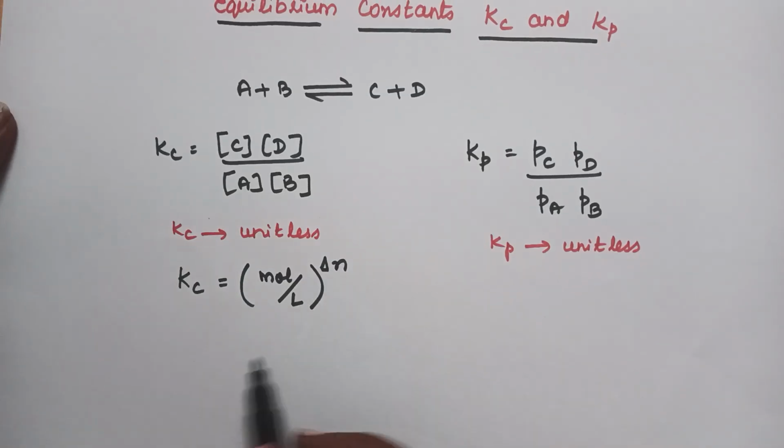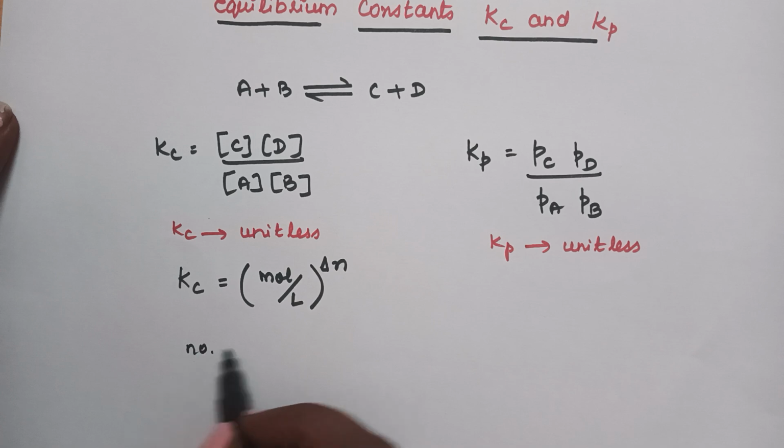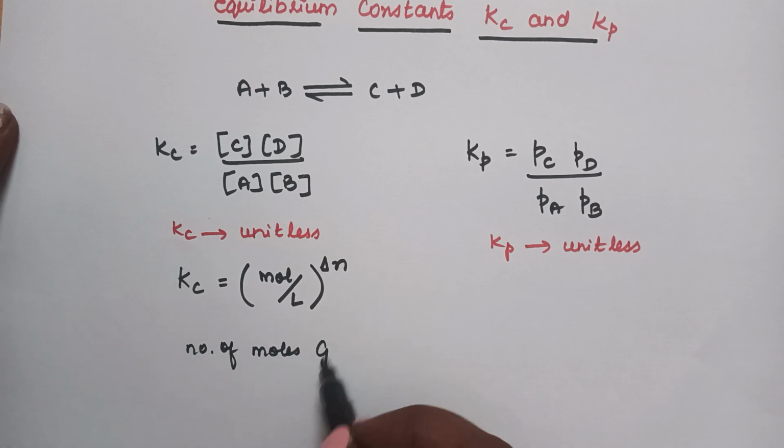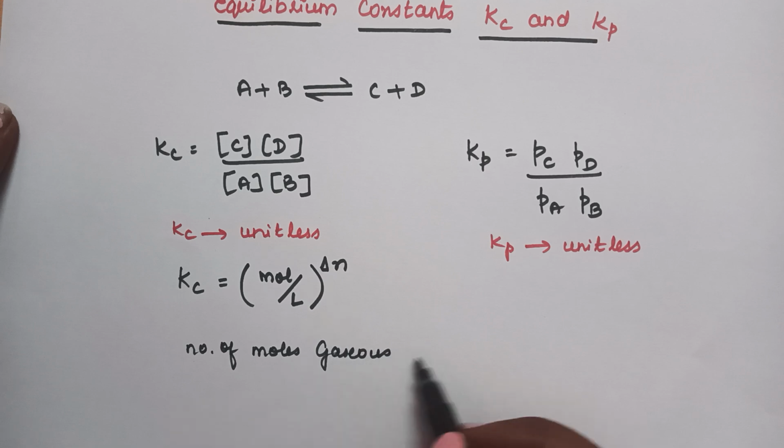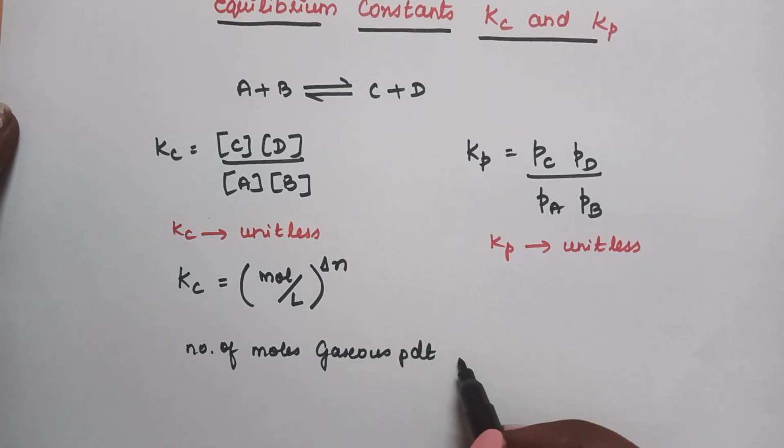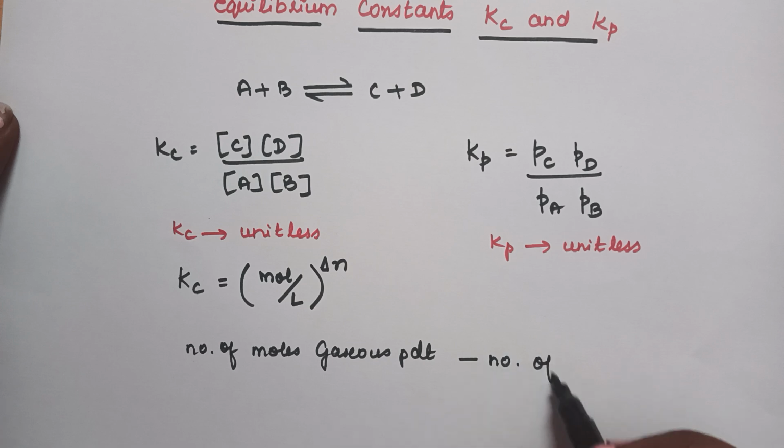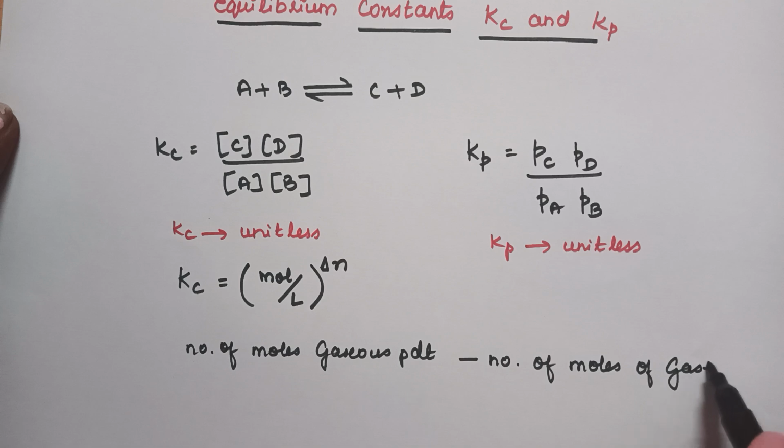So delta n is the number of moles of gaseous product minus the number of moles of gaseous reactant.